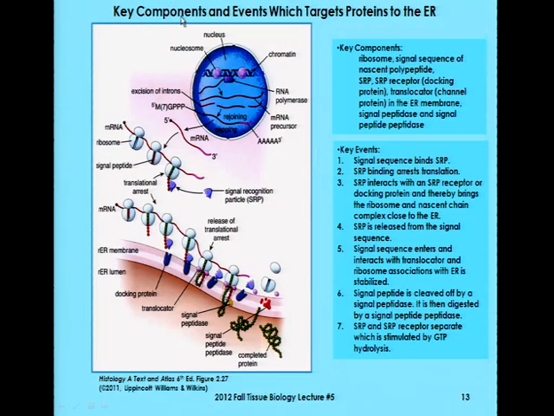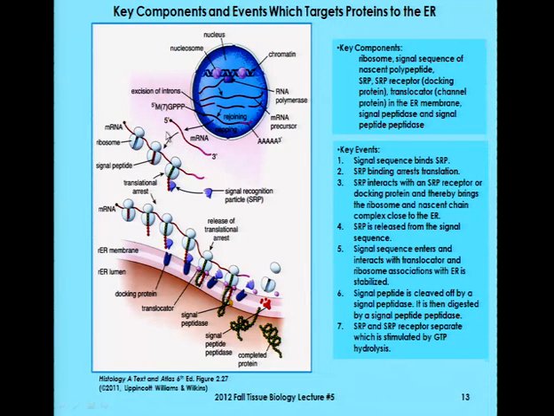And the key components and events which target proteins to the ER are summarized here. Now, within the nucleus, we have the production of the messenger RNA. There's quite a bit of processing that goes on within the nucleus. There's excision of introns and rejoining of exons. And the messenger RNA is then transported into the cytoplasm.